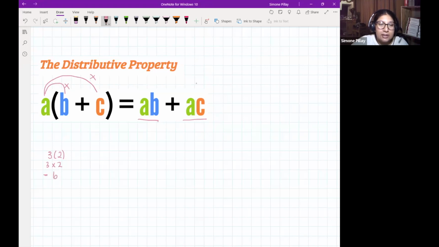Now what we're saying is when you have something like 3 and 2 plus 7, we still say 3 times 2, but we also have to say plus 3 times 7. And so that is going to equal 3 times 2 plus 3 times 7, which would be equal here to 6 plus 21, which is equal to 27.